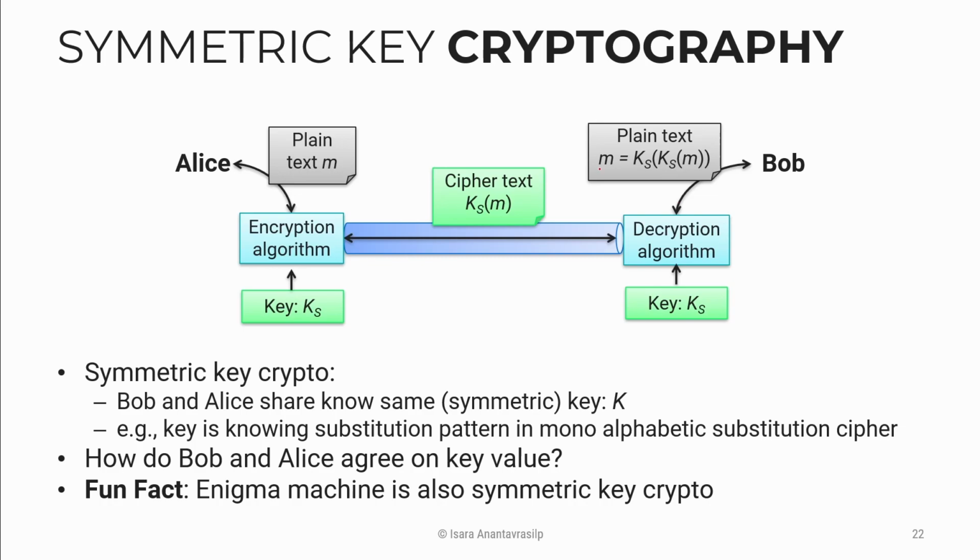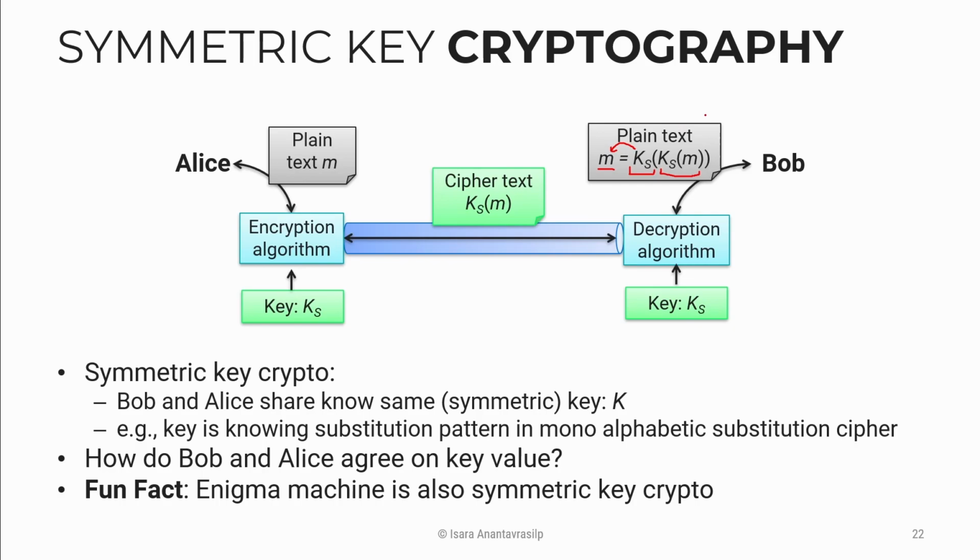So we have the plaintext message M equal to using the key KS to decrypt the ciphertext KS(M), and Bob gets the message M back.